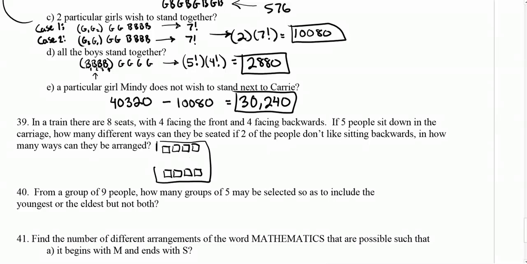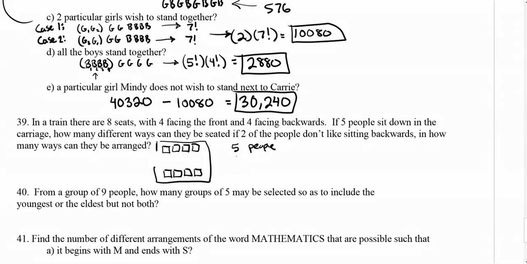And we have 5 people that are going to sit down. And 2 of those 5 don't like sitting backwards. So two of those people are going to sit in those first 4 seats. And so I'm going to start just by using the fundamental counting principle.